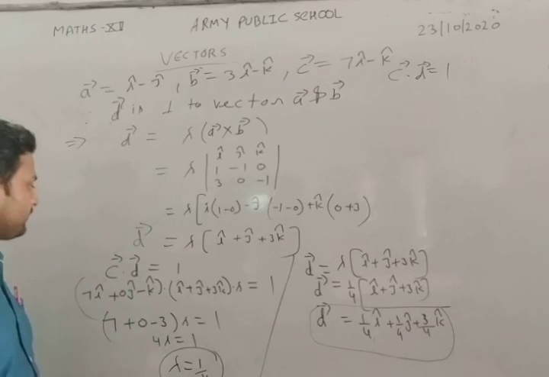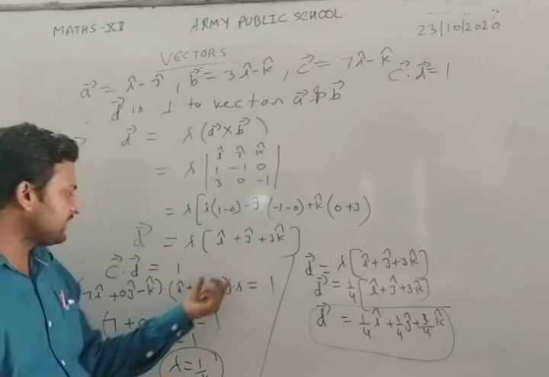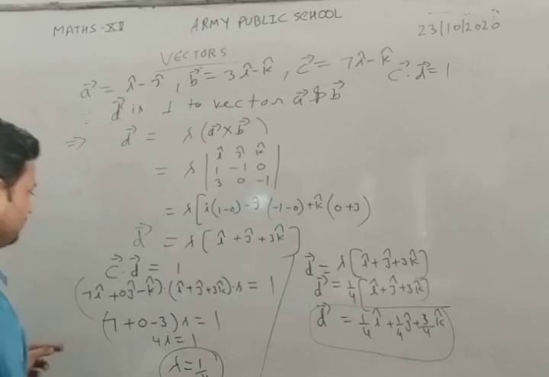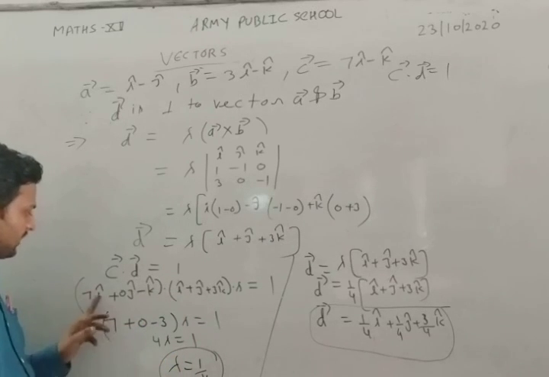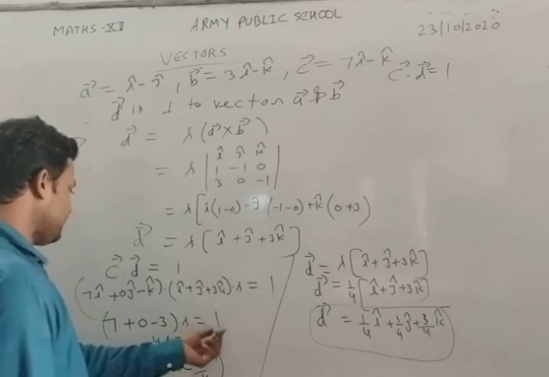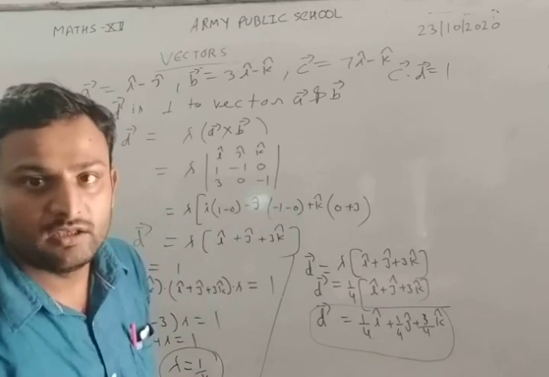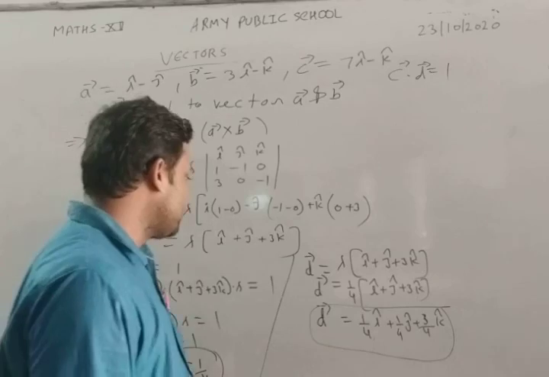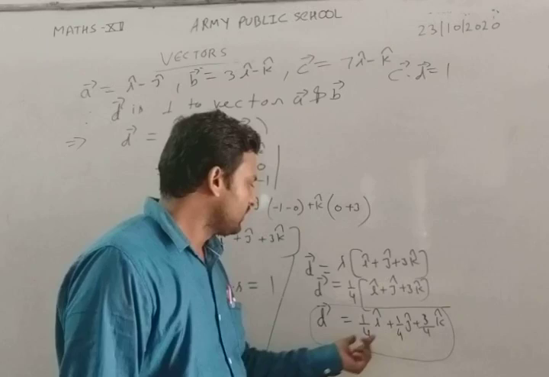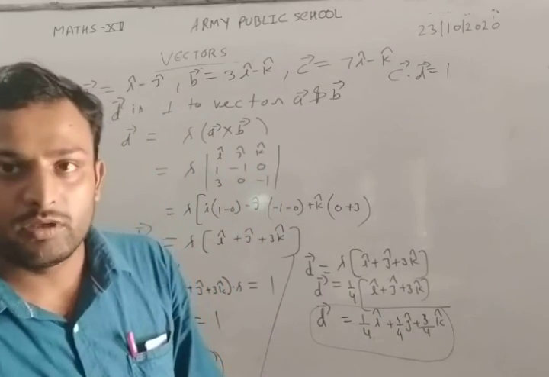So we put the value of vector C and D. Taking the dot product, 7 into 1, 0, and minus 1 into 3 is minus 3, lambda is 1. So 7 minus 3 is 4, lambda is 1. So lambda is 1 by 4. So vector D will be, putting the value of lambda 1 by 4, 1 by 4i, 1 by 4j, and 3 by 4k.